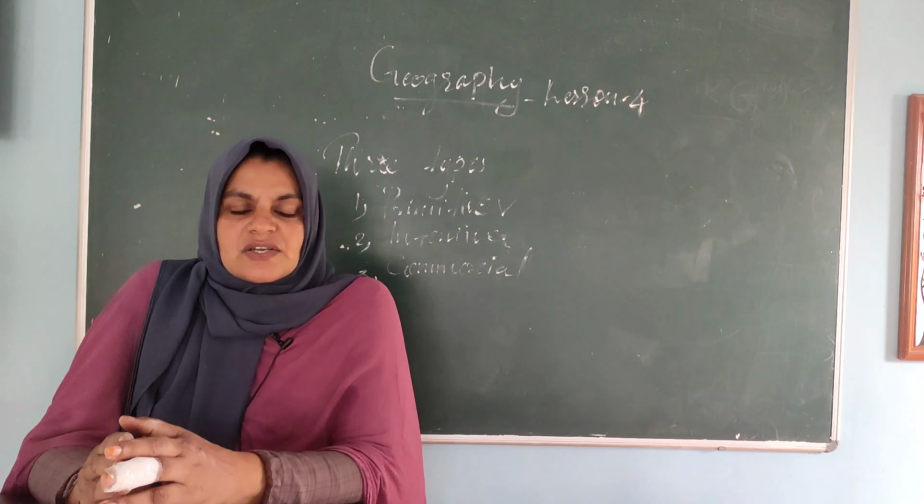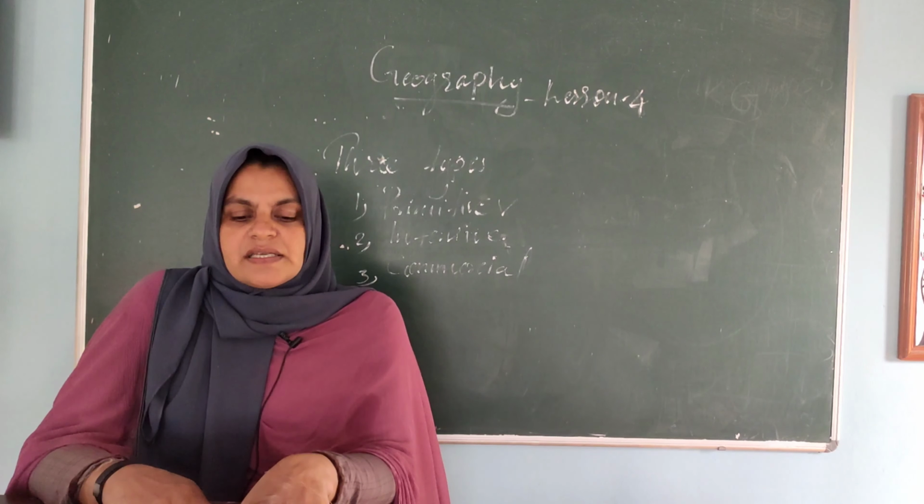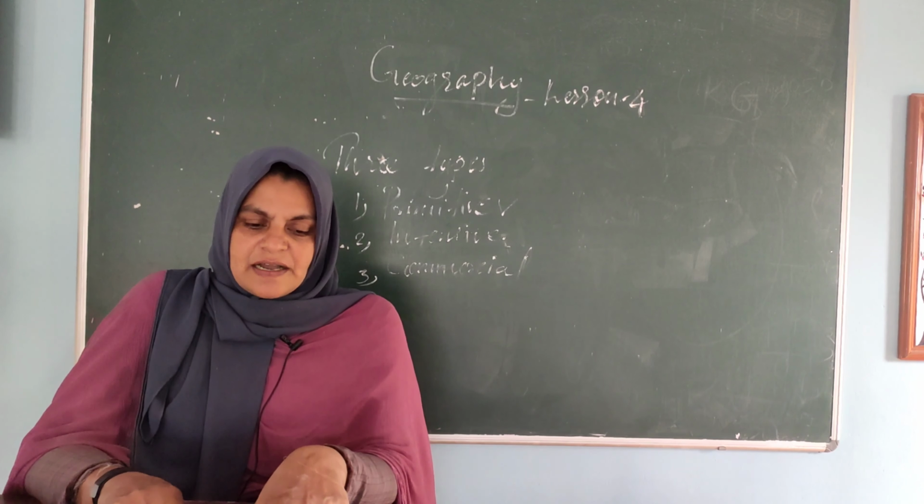Jhumming, or slash and burn agriculture, everything is primitive subsistence farming. All are the same. And it is known as Milpa in Mexico and Central America.